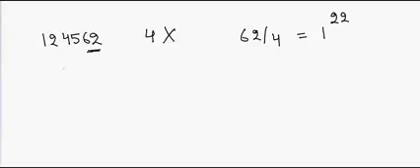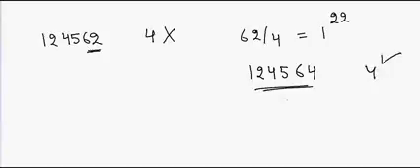So how can I modify this number? If I add 2 more in the end, I'll make 1 2 4 5 6 and 4 here, then this number should be evenly divided by 4. I can modify this number in any way.